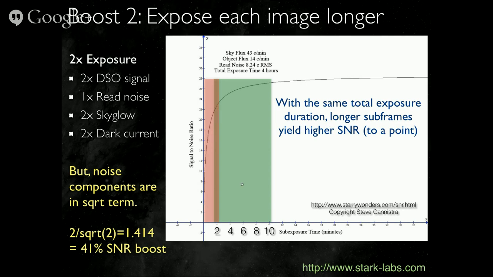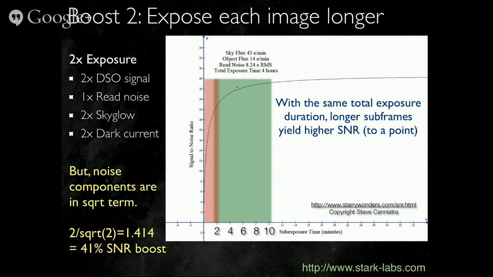You get up to 5 minutes, and here you're pushing 25 and a half. You get up to 6, 7, or 8 minutes or so, and you're up to a signal to noise of 26. So that's why this is highlighted in the red band. Avoid this if you can. At the very least, try to hit this.